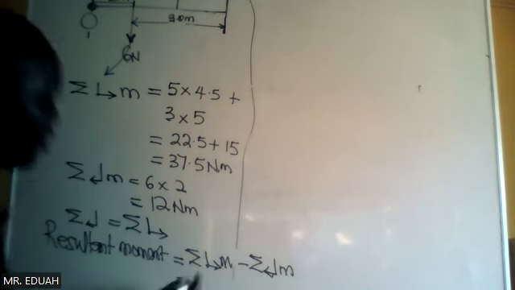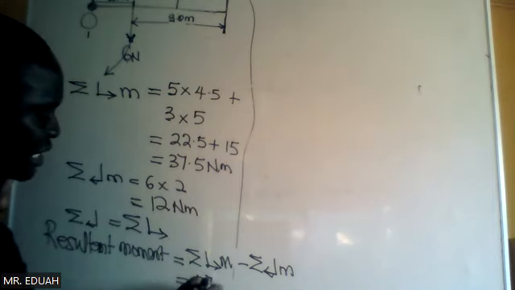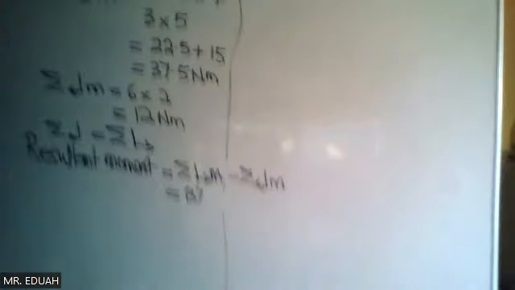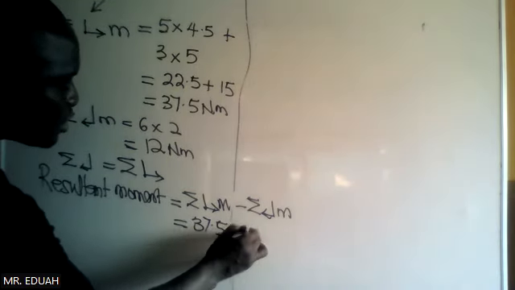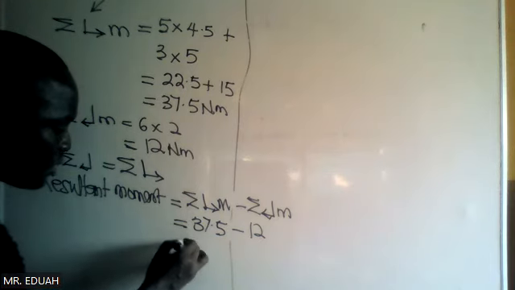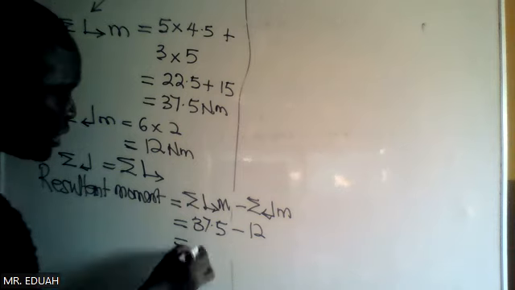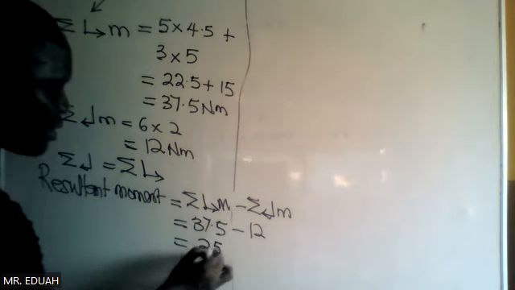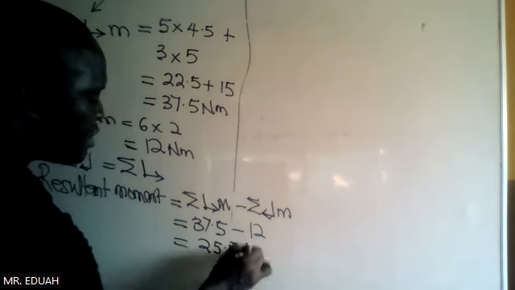So the net will result to 37.5 minus 12.0 Newton meter, which will be equal to what? 25.5 Newton meter.